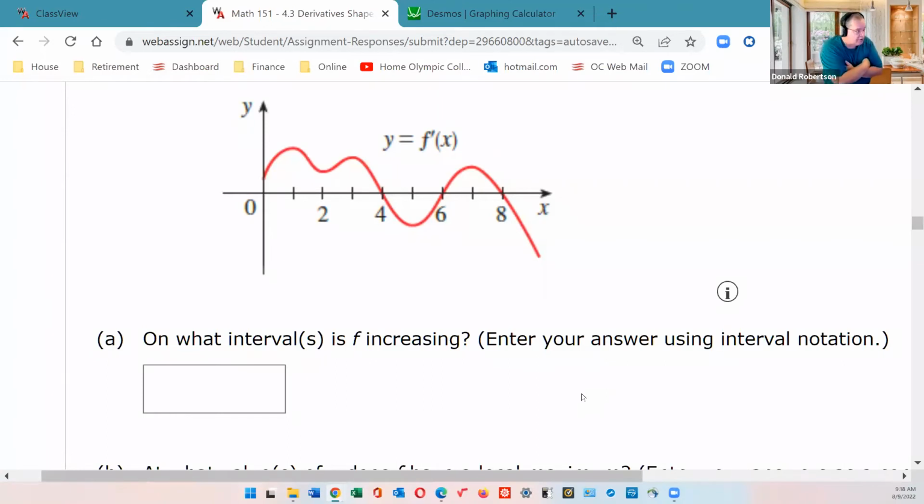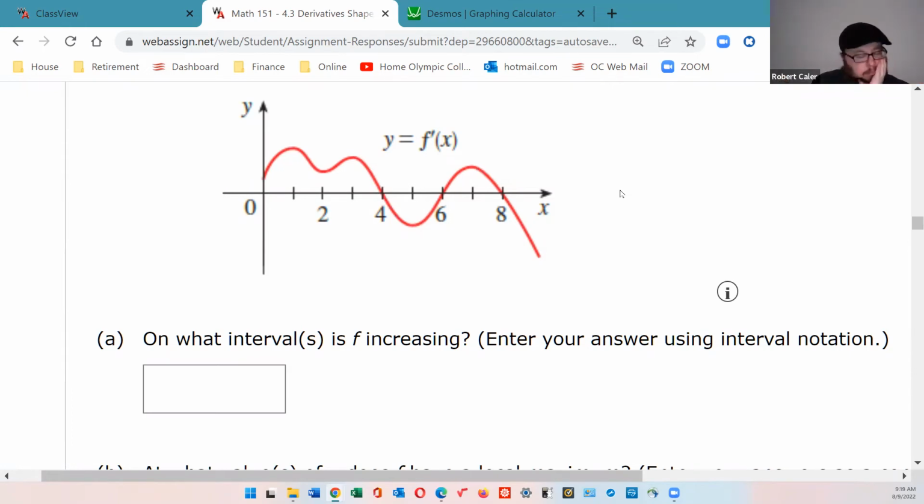I can tell where points of inflection are going to happen, and there are going to be a lot of these darn things. There is going to be a point of inflection at x equals 1, at x equals 2, at x equals 3, at x equals 5, and finally at x equals 7.